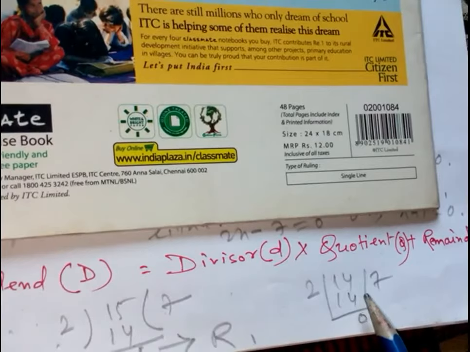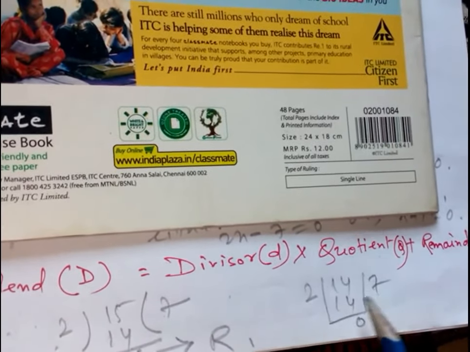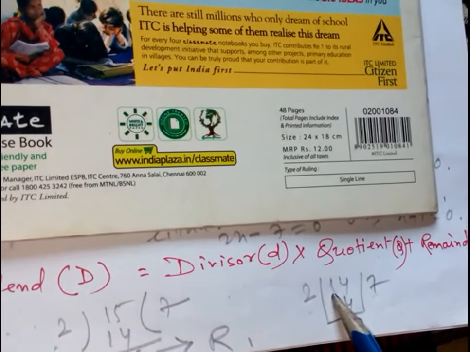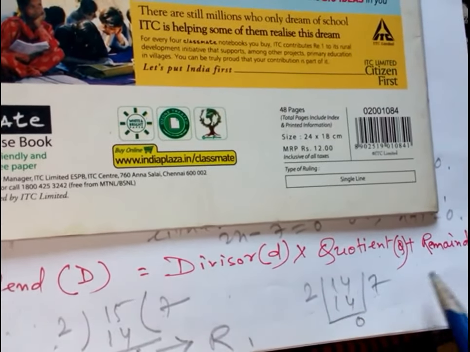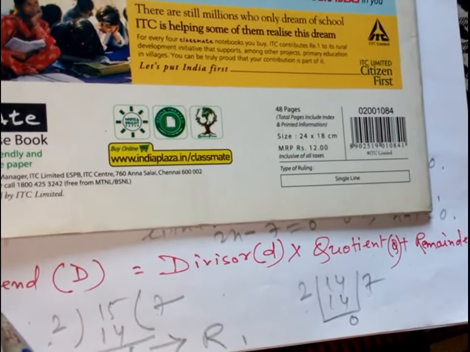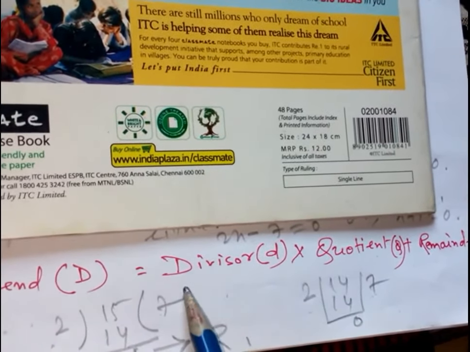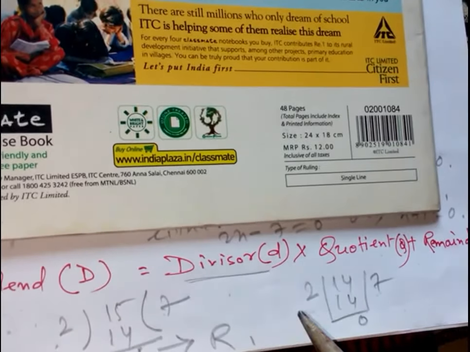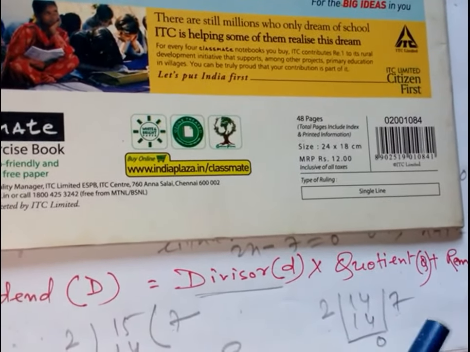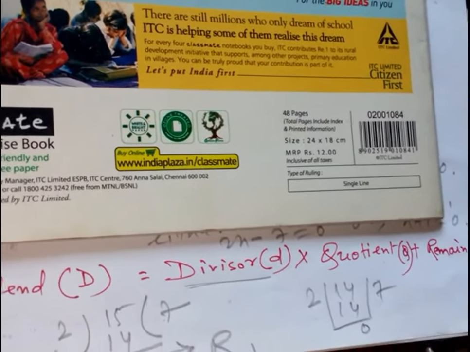And we can say that 2 and 7 are the factors of 14, isn't it? It means if the remainder is 0, then the dividend will be exactly divisible by the divisor. Clear? Now we are shifting to the factor and remainder theorem.